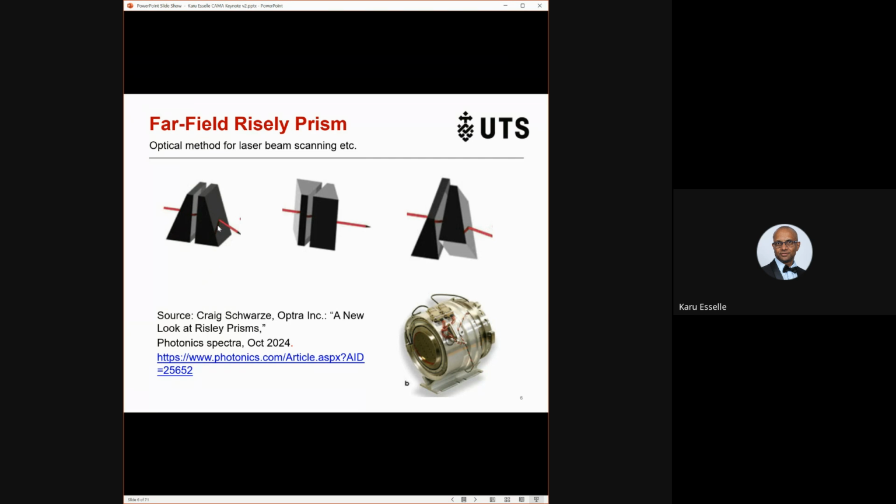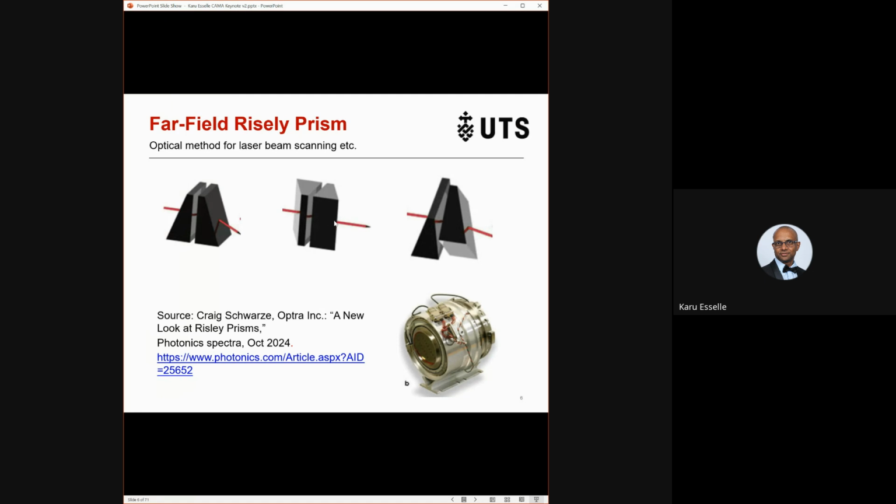Then you add another prism, second prism, and put it like this. So the path length or the thickness increases in both of them in the same direction. Then the first prism tilts the beam, and second prism tilts even more. So you get double the tilt.